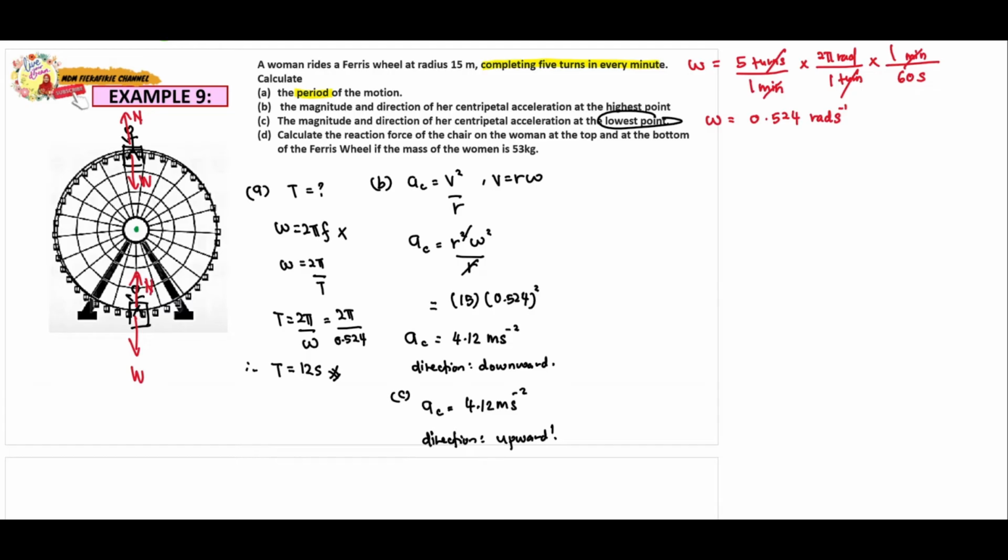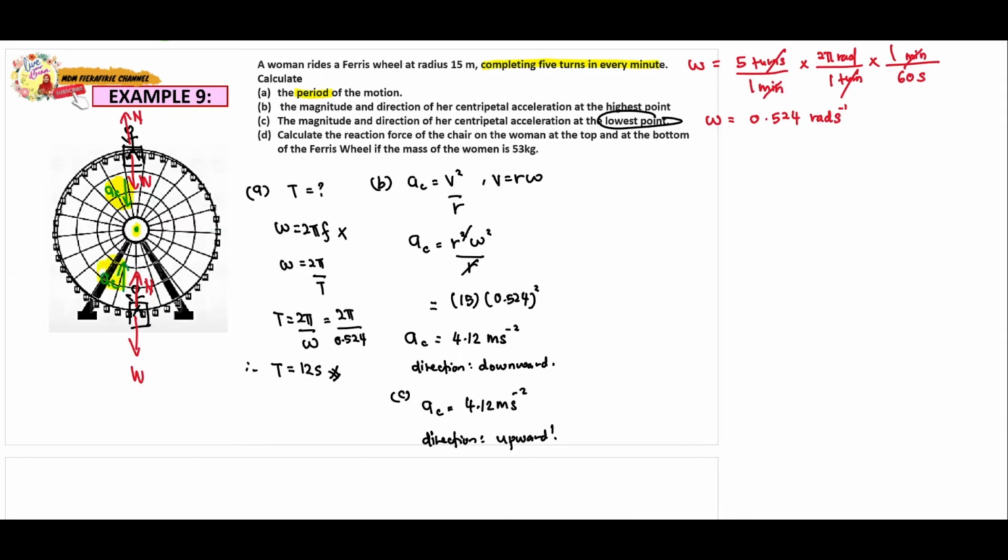Okay, but look at the direction of the centripetal acceleration. Okay, at the top of the Ferris wheel, the direction of weight is same direction as the centripetal acceleration. Centripetal acceleration always toward to the center of the Ferris wheel. Sama jugalah masa dekat bawah. Okay, AC mesti towards to the center.